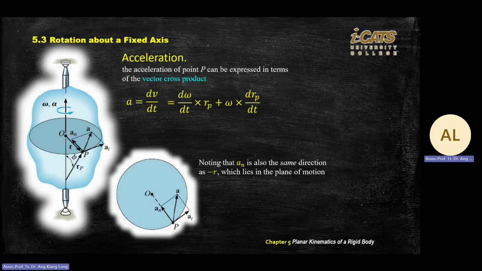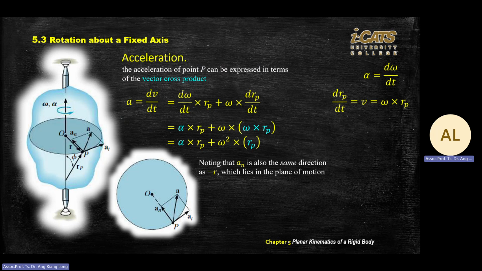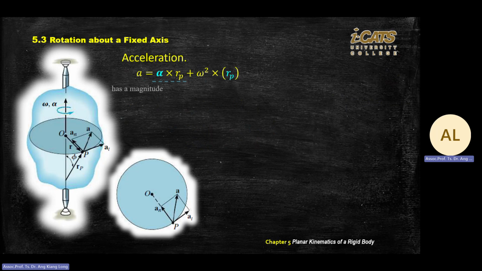You need to use the chain rule. This is just for info. Just view it. This is just derivation of all the cross products. I won't test you. It involves cross products. Detail you can copy from my slide later.